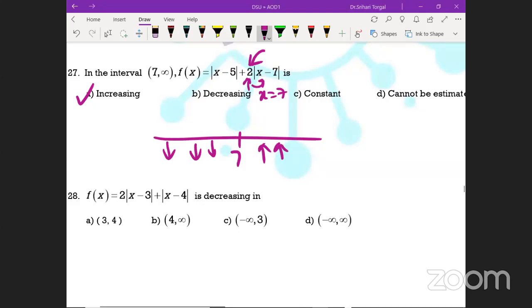Now answer for question number 28. Answer for question number 28. Decreasing in the.